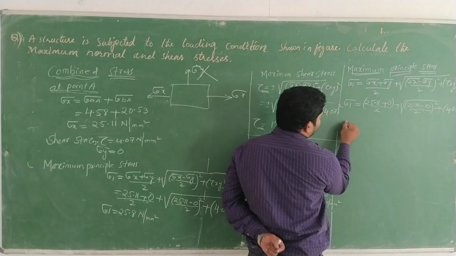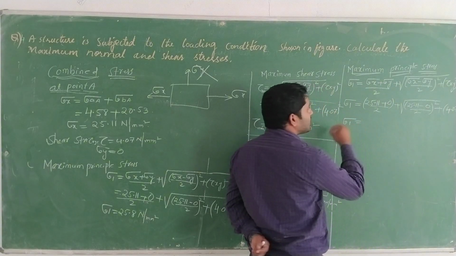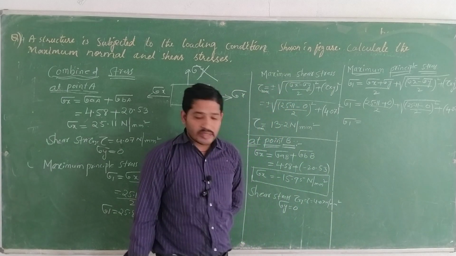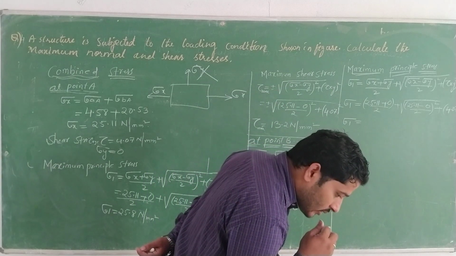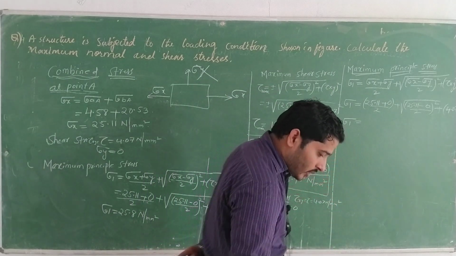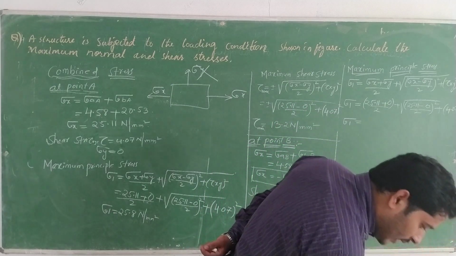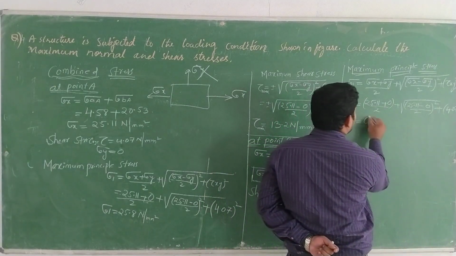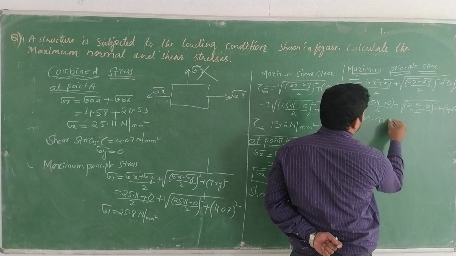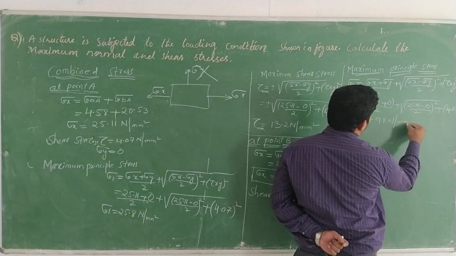If you calculate this with the calculator, I am getting the answer 0.98 Newton per mm square.